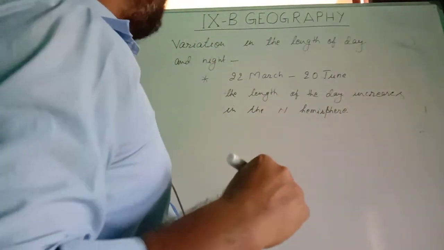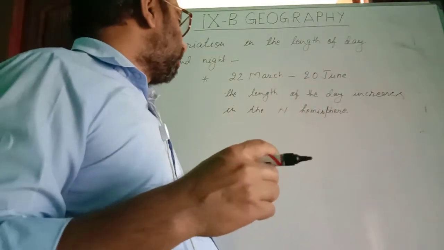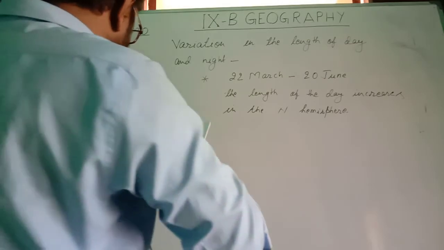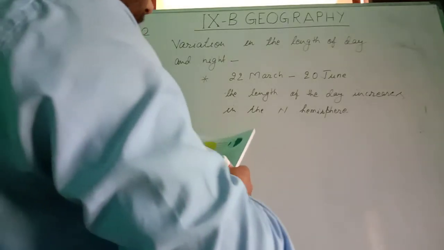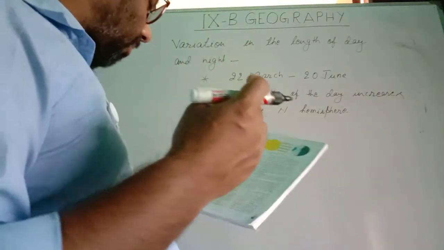From 21st March to 20th June, the length of the day increases in the northern hemisphere, and always this day becomes more than 12 hours.